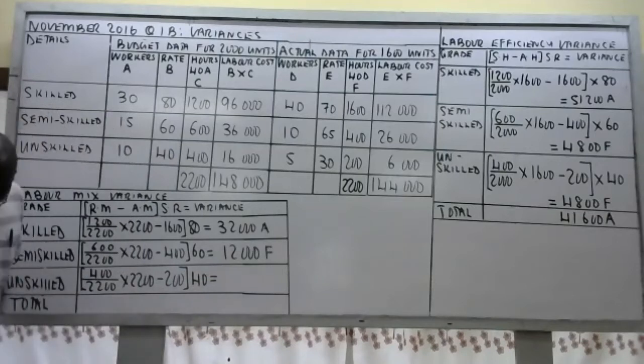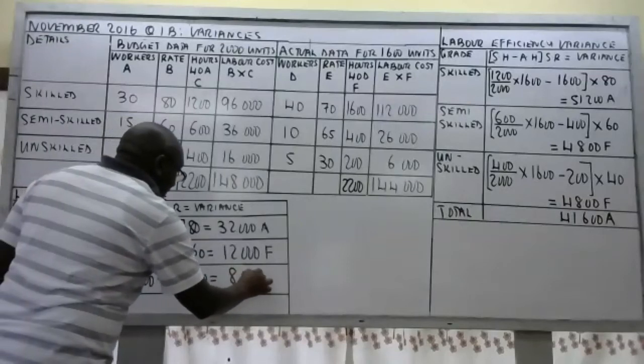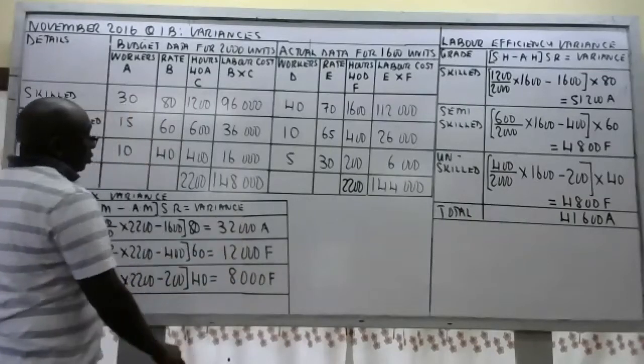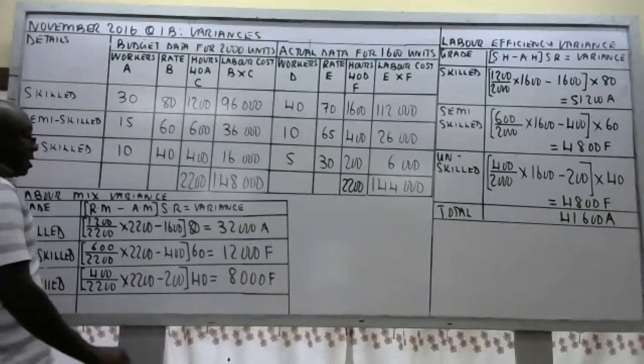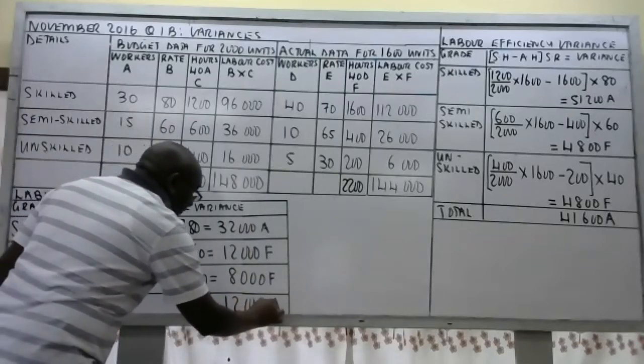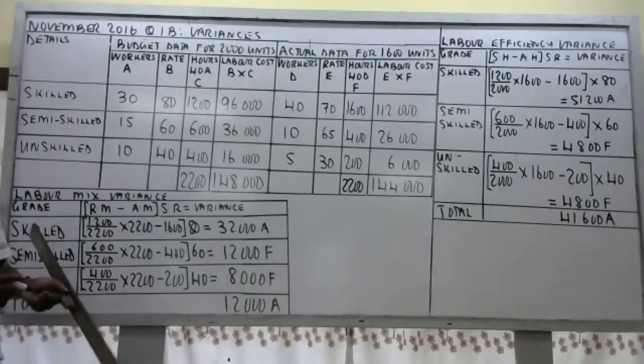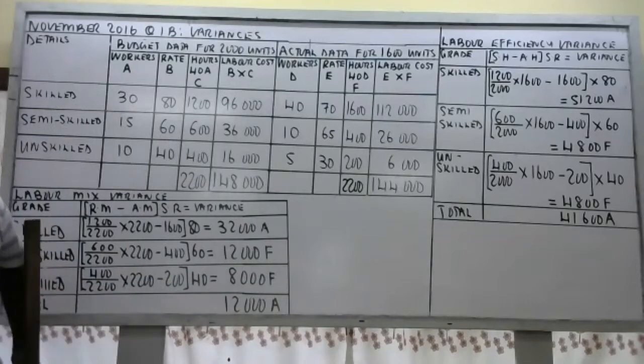So again, this is 200 times 40, that is 8,000. And this is also favorable. So when you combine them, you report 12,000, which is adverse.